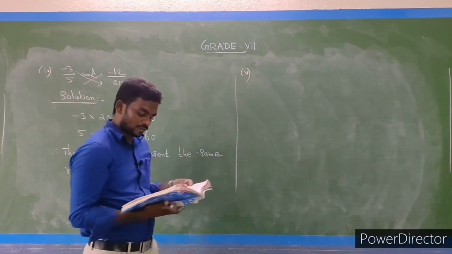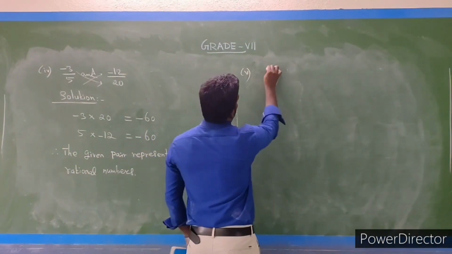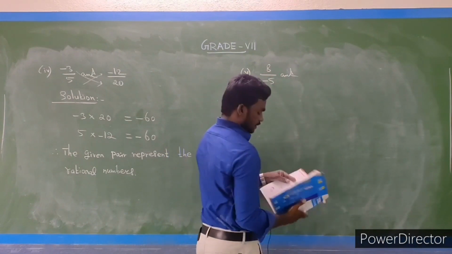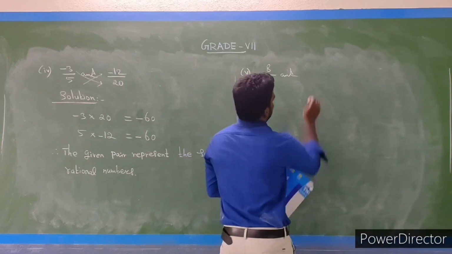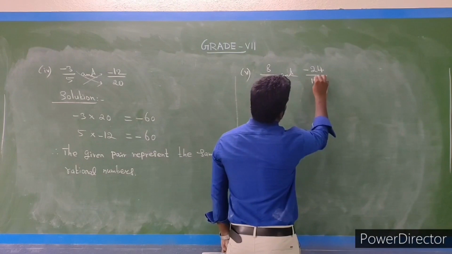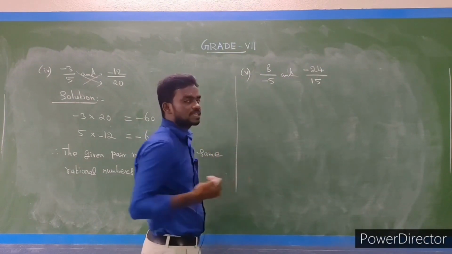Next, what is our fifth one? 8 divided by minus 5 and minus 24 divided by 15 is given. How to check whether these two numbers are the same rational numbers or not?